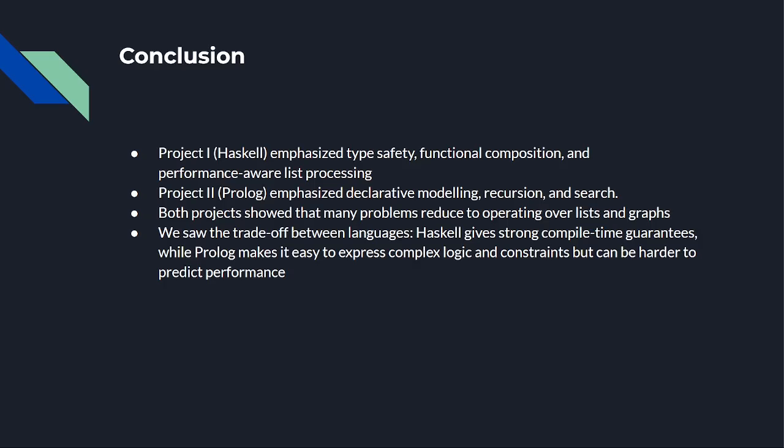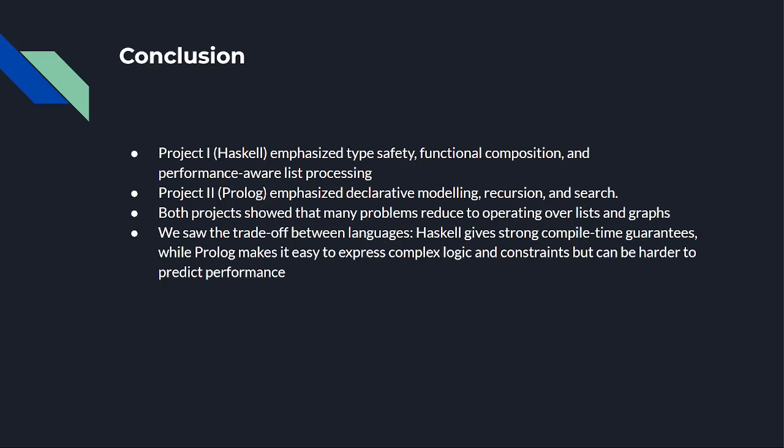So here we have the conclusion of our projects. For project one, we focused on Haskell, emphasizing type safety, functional composition, performance awareness, and list processing. For project two, on the other hand, we have Prolog, which emphasized declarative modeling, recursion, and search. Both projects showed that many problems reduce to operations over lists and graphs.